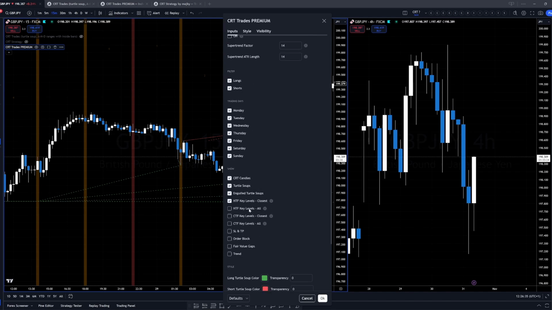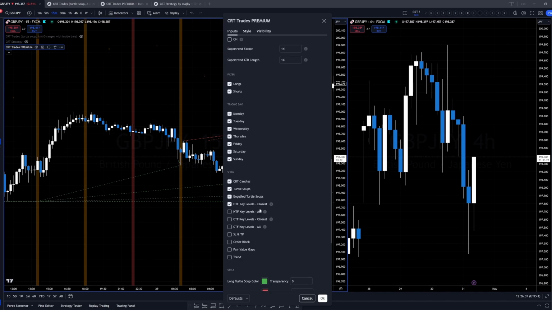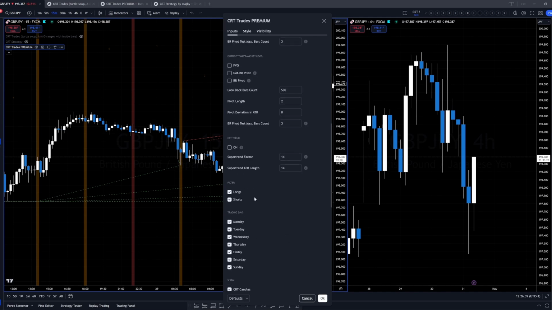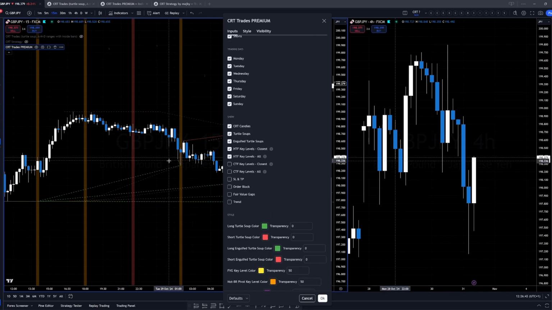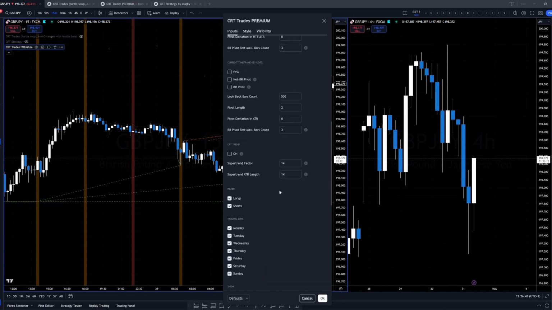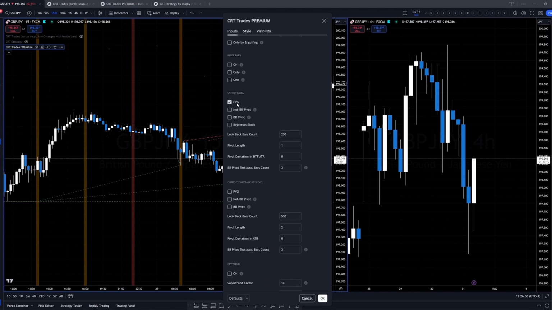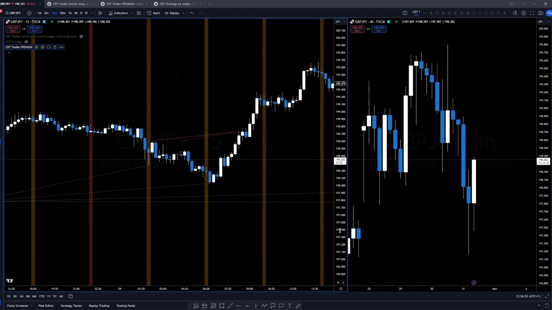And if you have checked all, you will see all in different colors. The colors you can change here. Now as you can see different colors, but I'm going to check the closest. Now we have only fair value gap here.